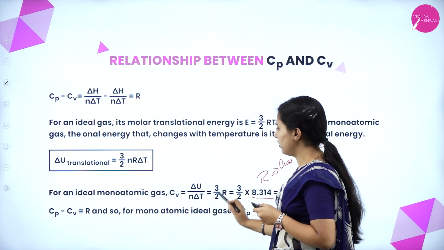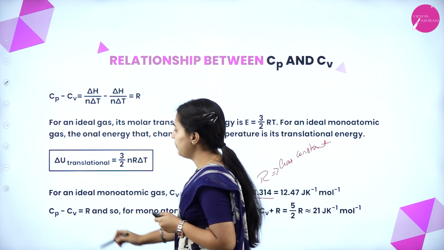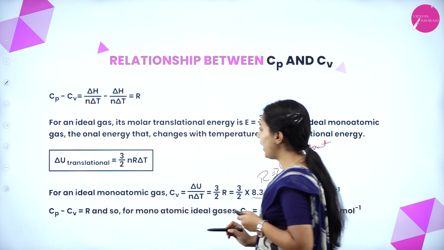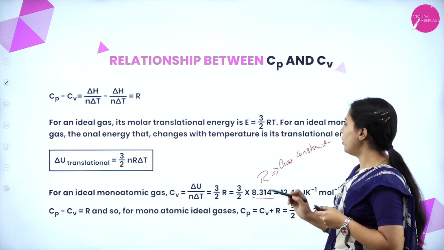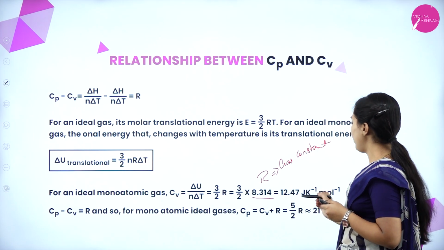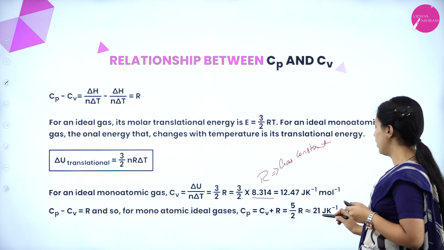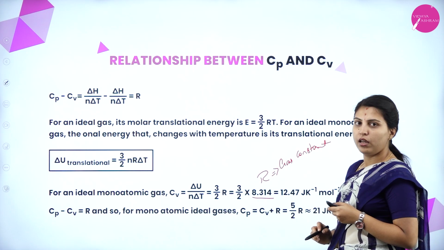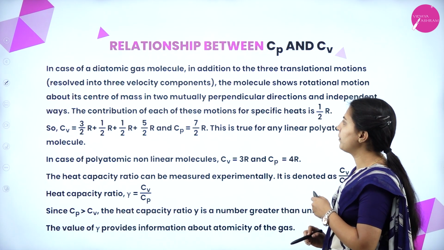Cp minus Cv equal to R, so for a monoatomic ideal gas, Cp equal to Cv plus R, 5/2 R, approximately 21 joules per Kelvin per mole.